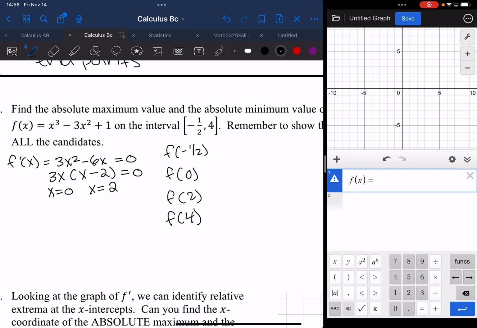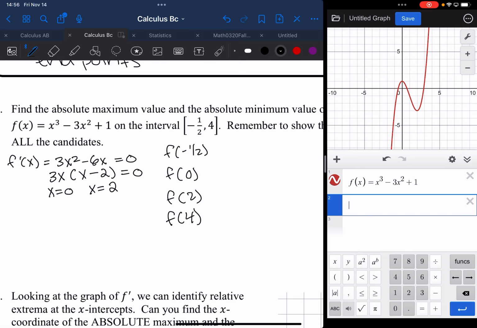So on Desmos, I would type in the function, x cubed minus 3x squared plus 1. And then on the next line, we're going to plug in each individual value. So we have f of -1/2, which gives us 0.125.